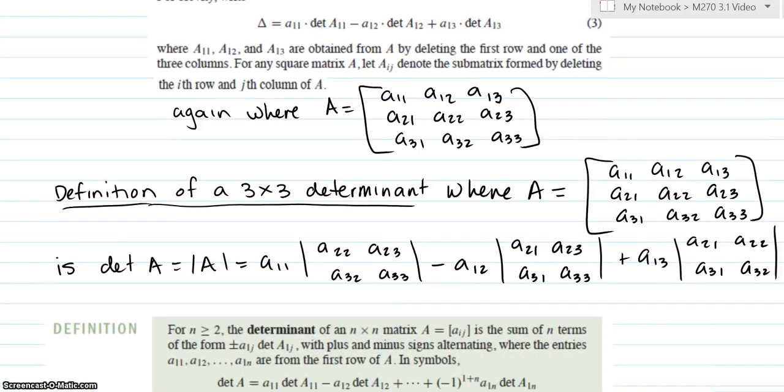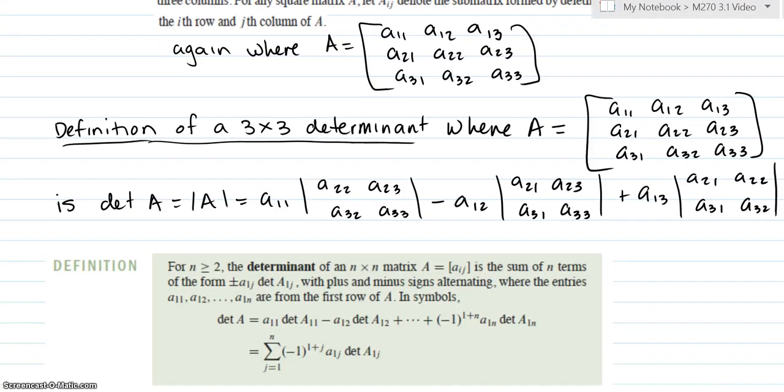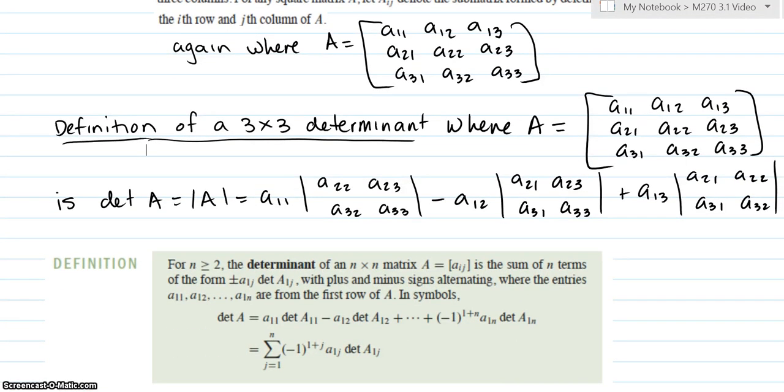In general, if you have something larger than a 2 by 2, that's the definition of what the book uses. So for n bigger or equal to 2, the determinant of an n by n matrix, written the same way as we wrote up there, right? So if you had 4 by 4, you would just add a fourth column and a fourth row. It has to be an n by n.